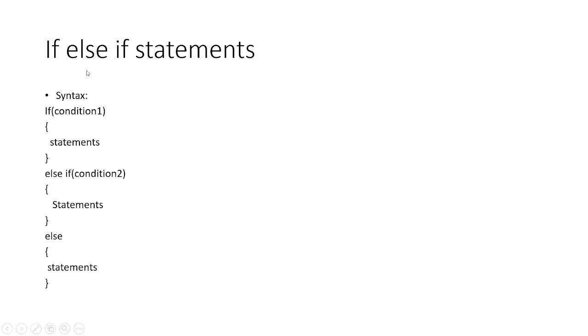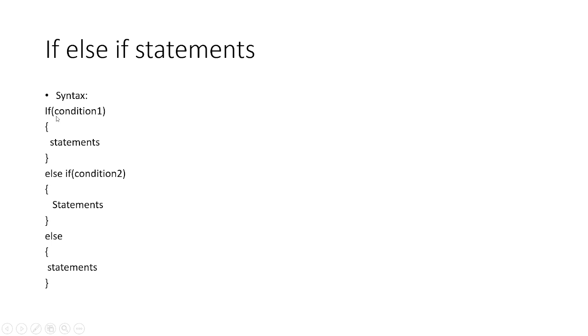Now, the third type is the else if statement. This is also called the ladder if else statement or ladder else if statement. Here, if with a condition, if this condition is correct, what statements you want to execute?